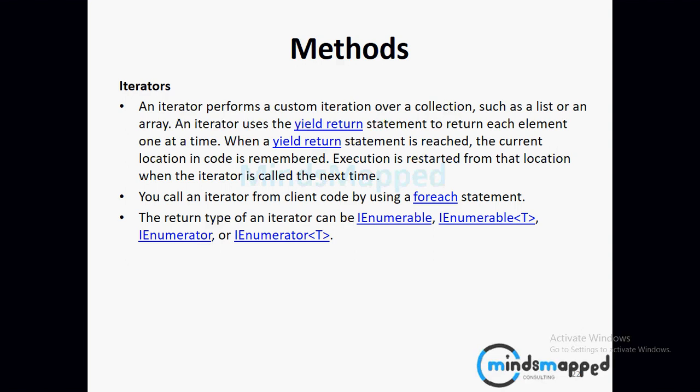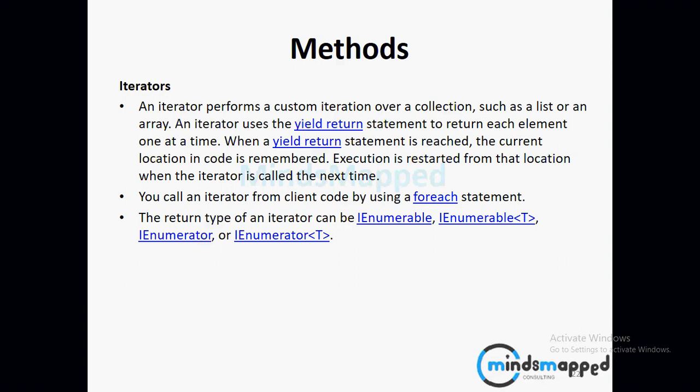An iterator performs a custom iteration over a collection such as a list or an array. An iterator uses the yield return statement to return each element one at a time. When a yield return statement is reached, the current location in the code is remembered. Execution is started from that location when the iterator is called the next time.